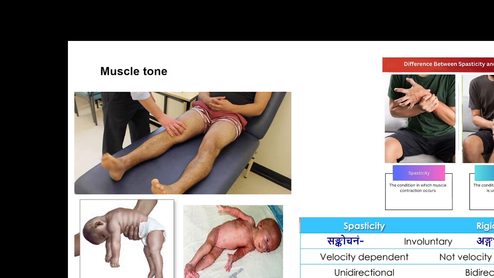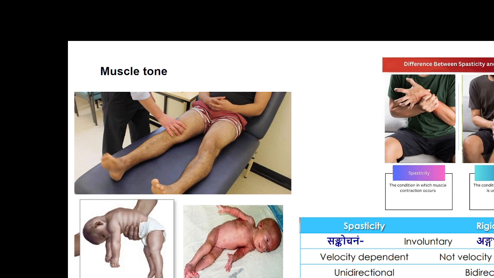When a muscle has hundreds of intrafusal fibers, it's not that when we say the muscle is relaxed, all the fibers are relaxed. A few of the fibers are kept at a contracted stage to keep the muscles ready for action within a short time. This is normal physiology, and this is what we call tone. Tone is a state of partial contraction of the muscle fibers at rest, in an otherwise visibly resting state.